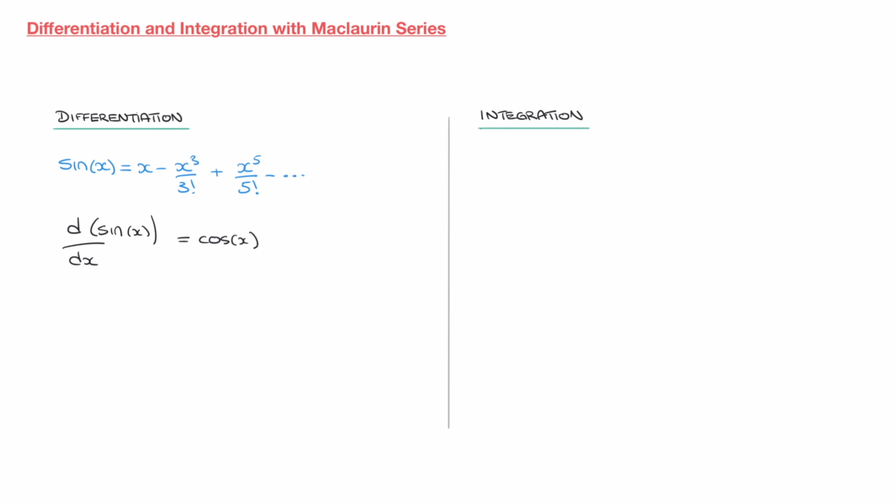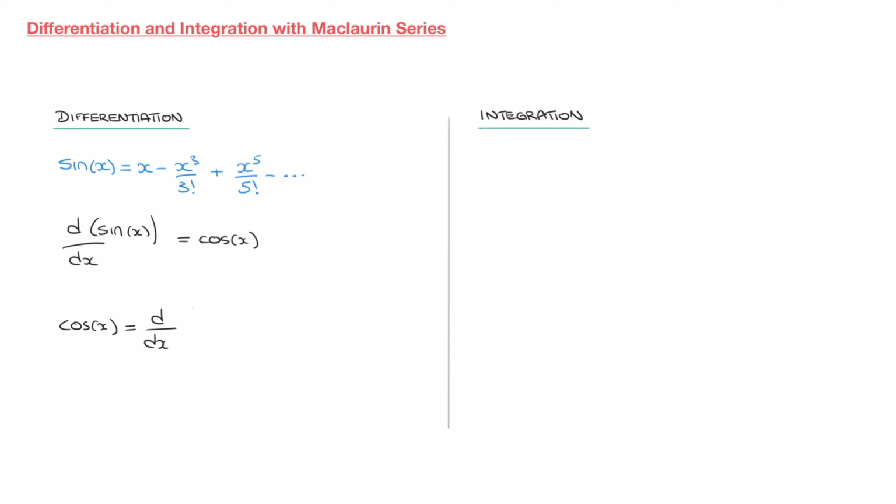And what's quite convenient about Maclaurin series is that they can be differentiated to obtain the Maclaurin series of a function's derivative. So, given that the derivative of sine of x equals cosine of x, we can obtain the Maclaurin series for cosine of x by differentiating, with respect to x, the Maclaurin series we see here.